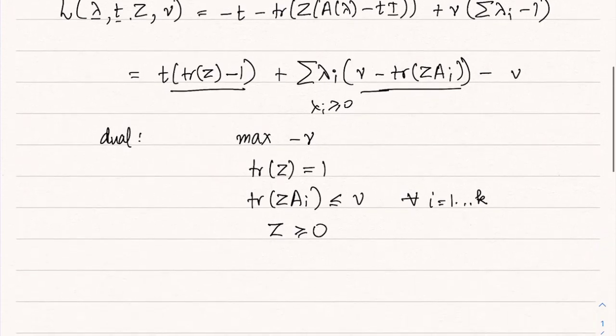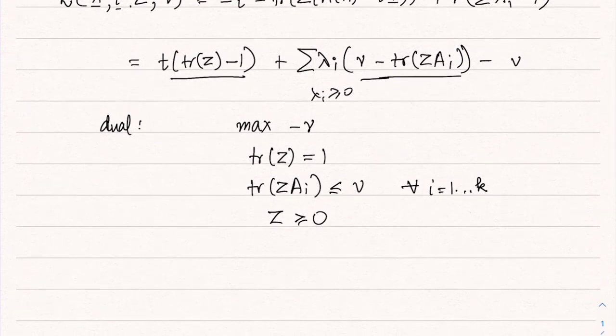Now we can simplify this problem by eliminating nu, by doing a change of variable. We set W equal to Z by nu.